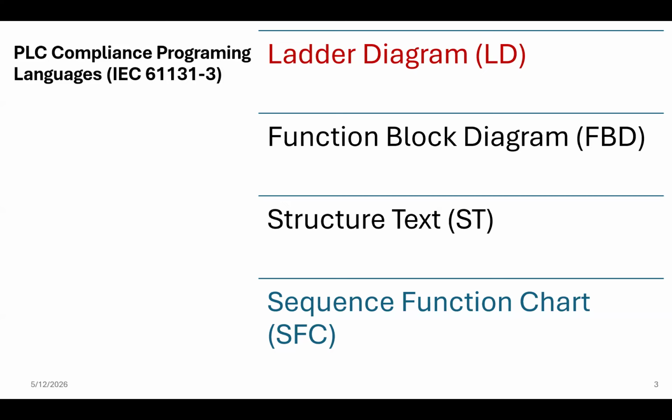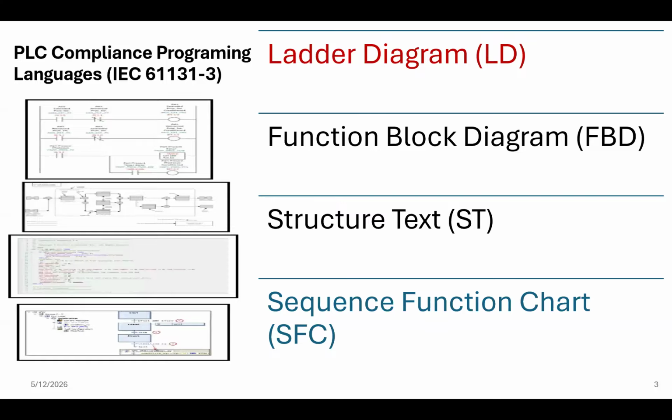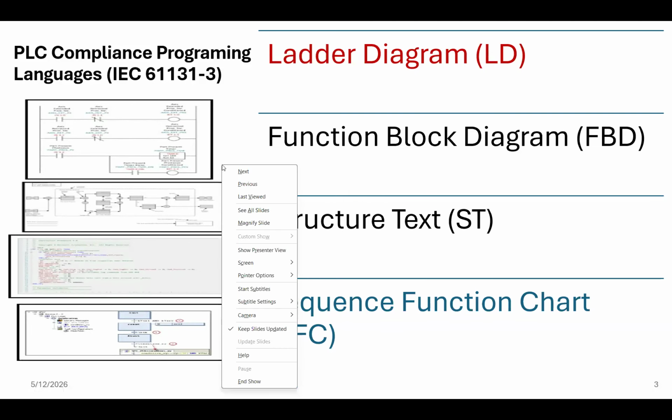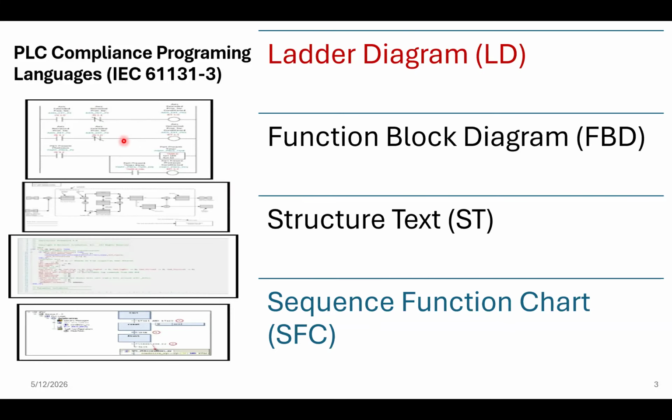Structured text is a programming language, and the sequence function chart is intermediate between a programming and modeling language. So it looks like that. This is the ladder diagram. This is the functional block. This is the structured text, and this is text.